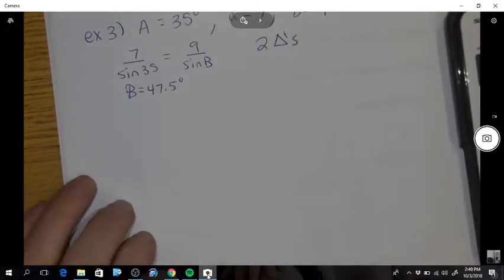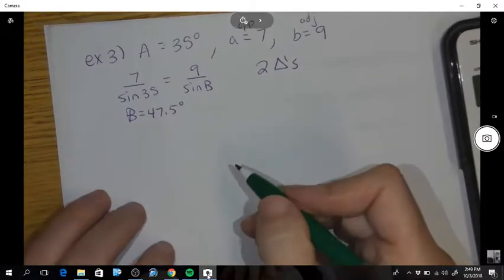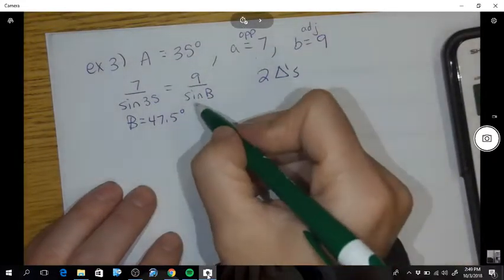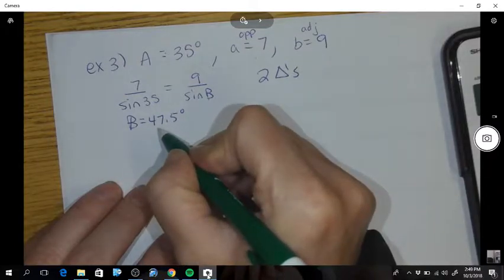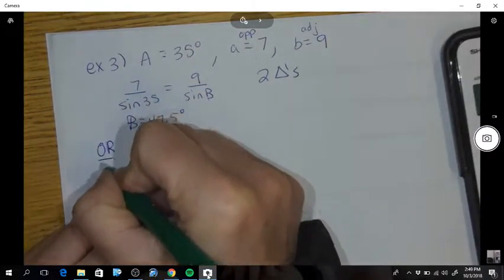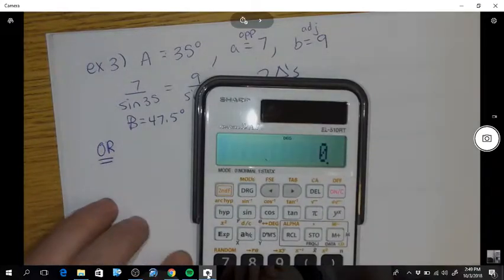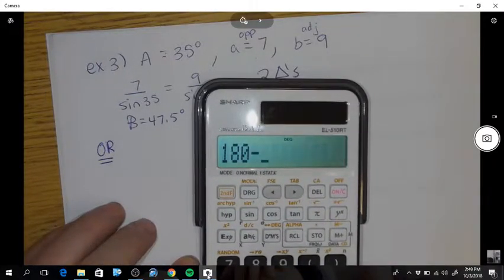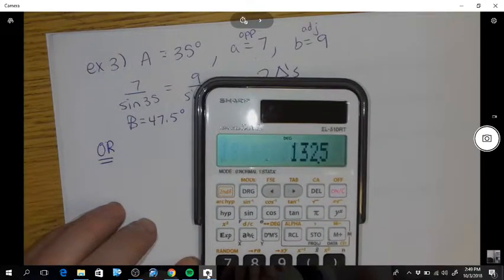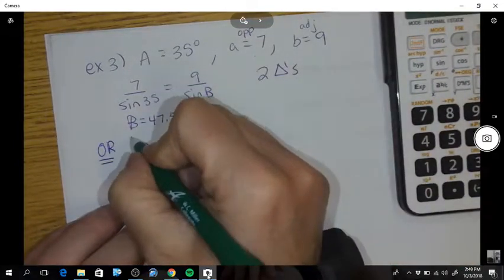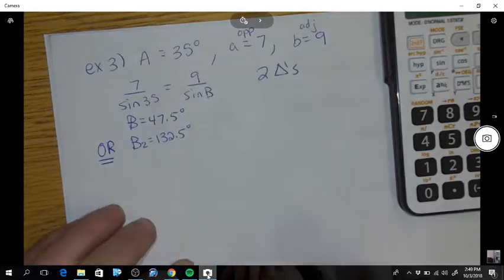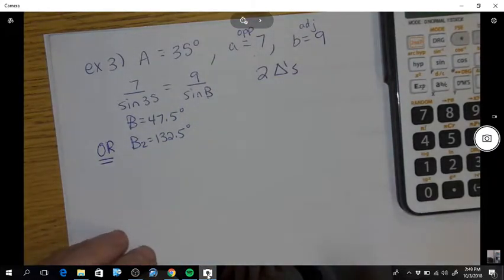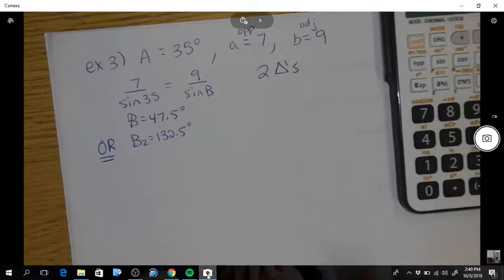So in the ambiguous case, that's what's happening. Angle B could be 47.5 or 180 minus 47.5, 132.5. Which means our third angle could be two options.